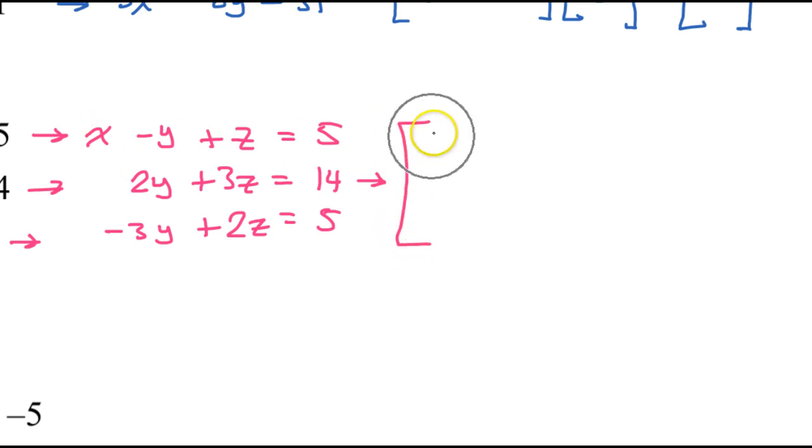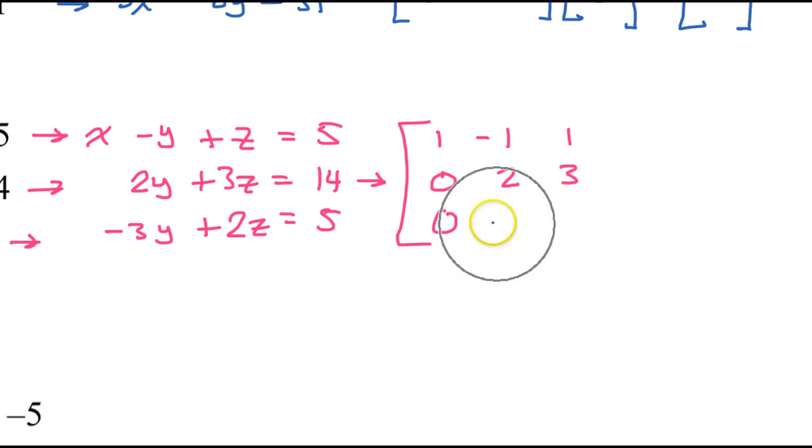So my coefficients are 1, negative 1, 1. And then I have a 0, there's no X term, so 0, 2, 3, and 0, negative 3, 2.